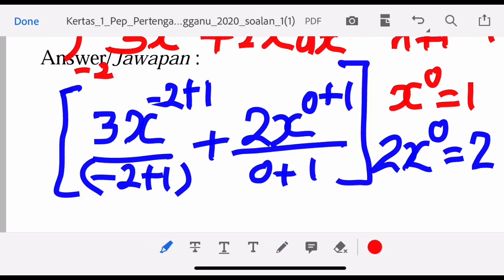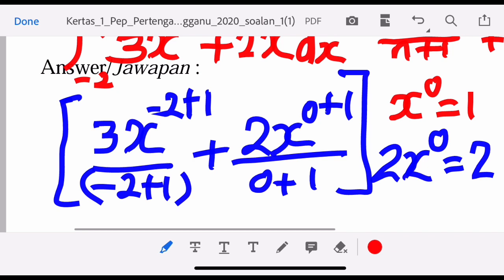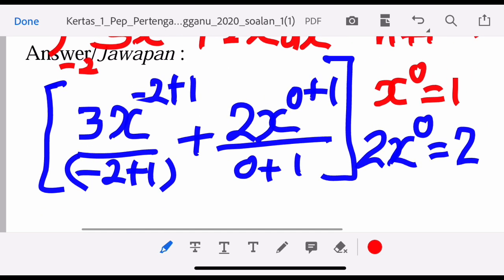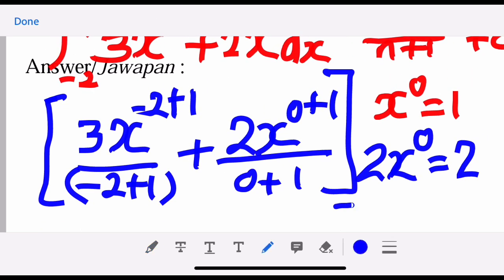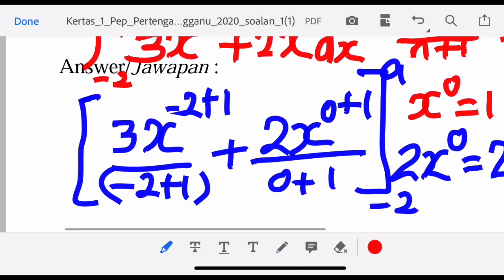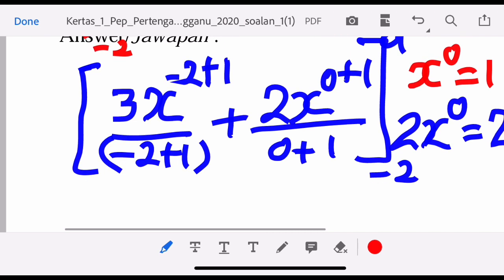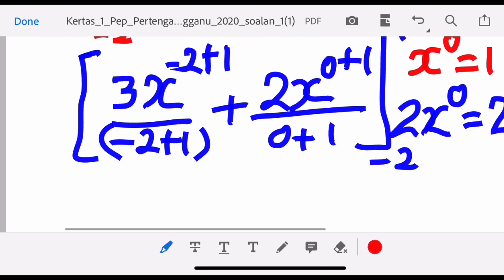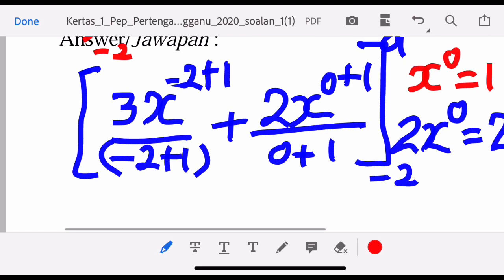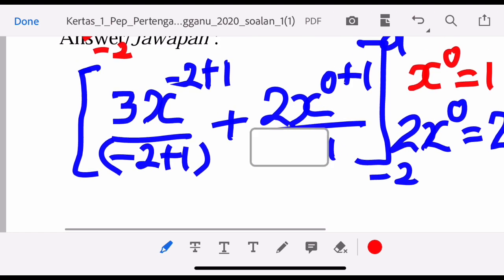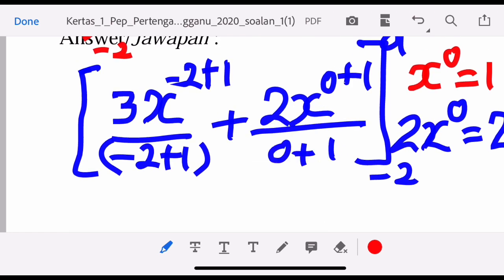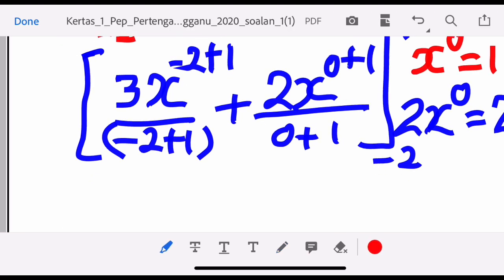Okay, the limit is from where to where? -2 to A, right? So let's write the limit from -2 to A. When you read from lower to upper limit, you substitute the upper minus the lower. Now before we do, we have to actually simplify first. We can't substitute without simplification.